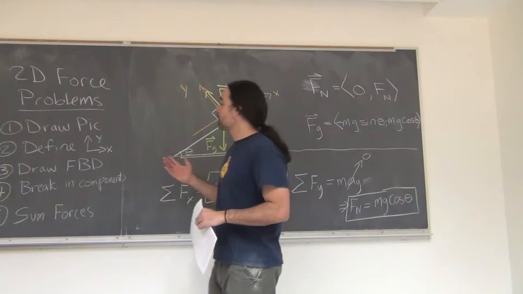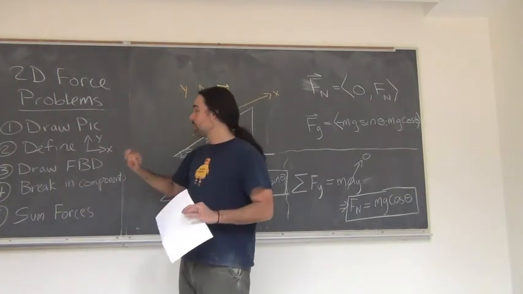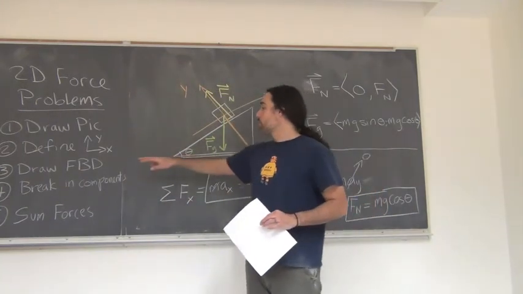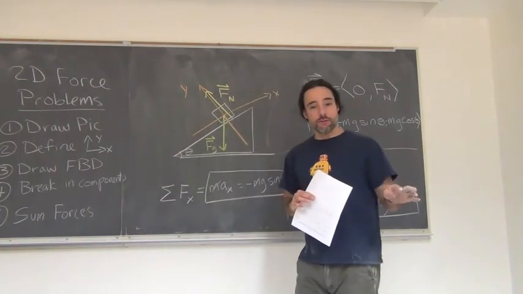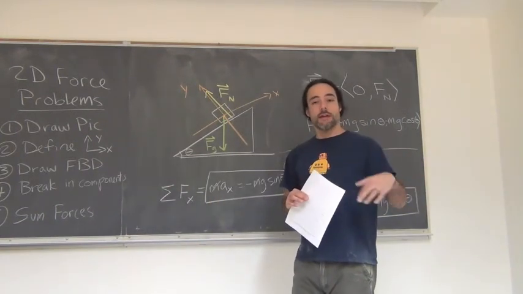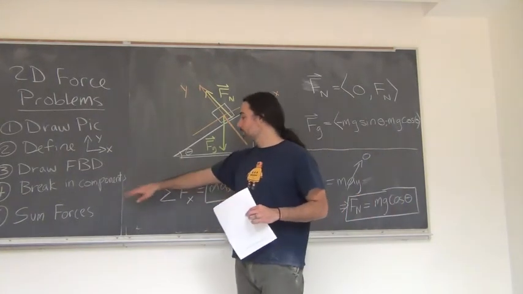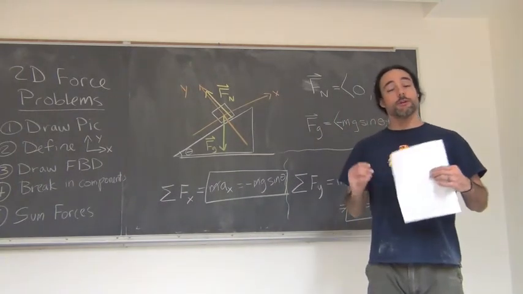It's fairly straightforward. We just want to follow these steps. Draw a picture. That's easy enough. Define your coordinate system. Draw your free body diagrams. If you get all the forces that are in the problem, and you put them all in the right direction, your free body diagram should go fine. You want to break your vectors into components. That's a little bit new. That could be tricky.